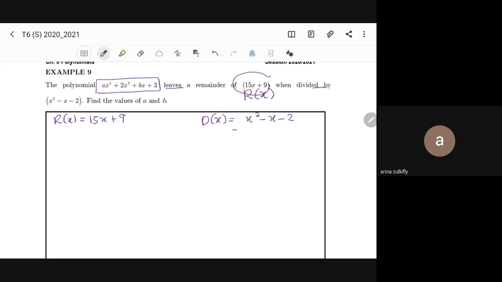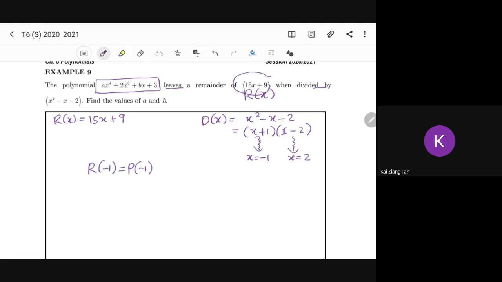And the divisor can be factorized as x plus 1, x minus 2. So, if we equate with 0, we will get x equals negative 1. And from here, x equals 2. Okay. So, we know that R of negative 1 equals P of negative 1. And another one is R of 2 equals P of 2.